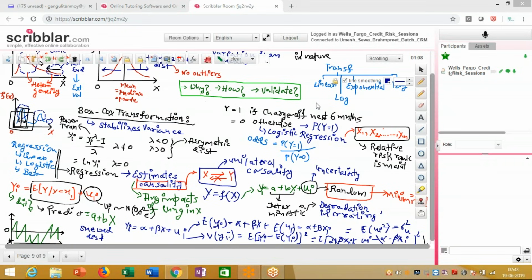Now, for the data preparation part, one very important part in an LGD model is to prepare the recovery data.